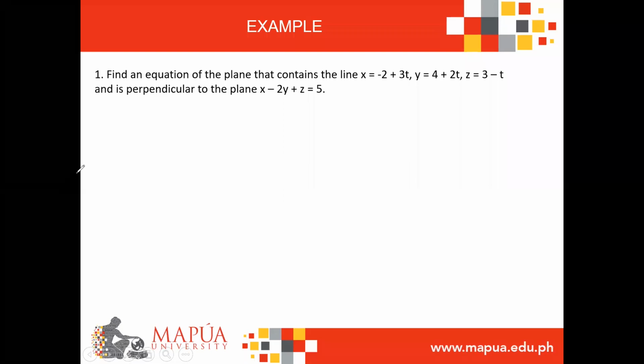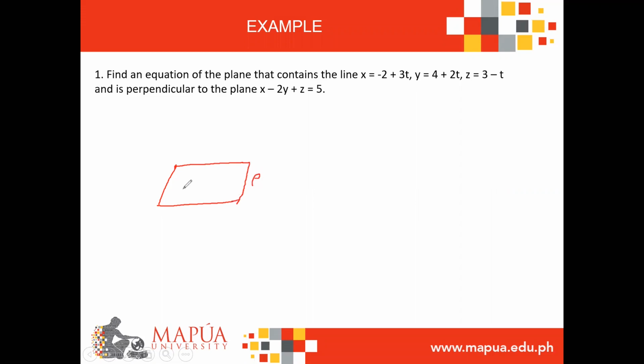So we have here a plane which is an unknown plane and it contains the line. So if this is the plane with a line L on it, and we have another plane which is perpendicular to our first plane, let us call this plane 1.